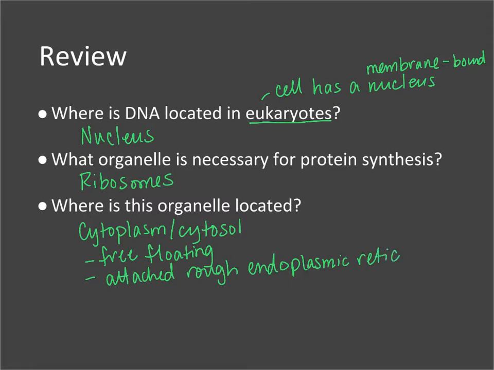Even if they're attached to the rough ER, they're still located in the cytoplasm. So the key thing is that we have to get the information from the nucleus to the cytoplasm. And that's where our RNA is going to come into play.